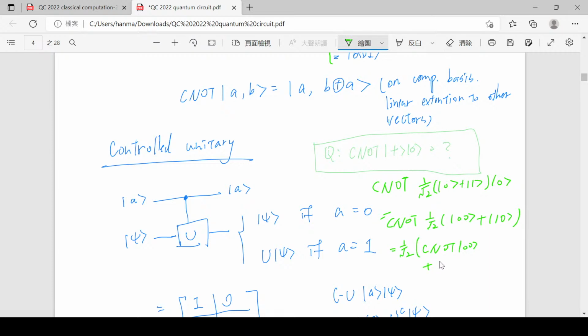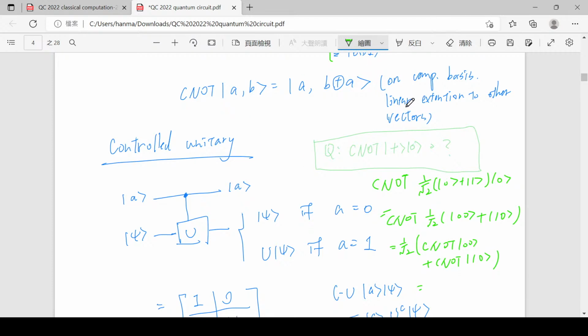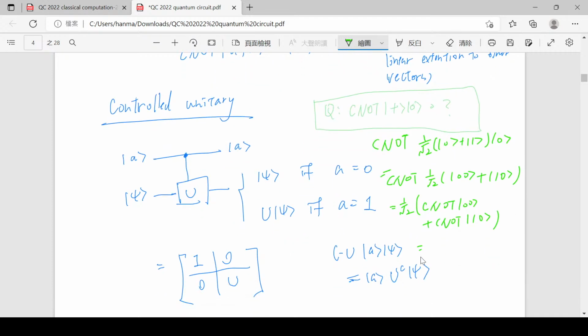Now it's C naught acting on a computational basis, so we can just read from here. So 1 over square root 2, C naught 0, 0: because the control bit is 0, it should do nothing on the second bit, so it stays 0.